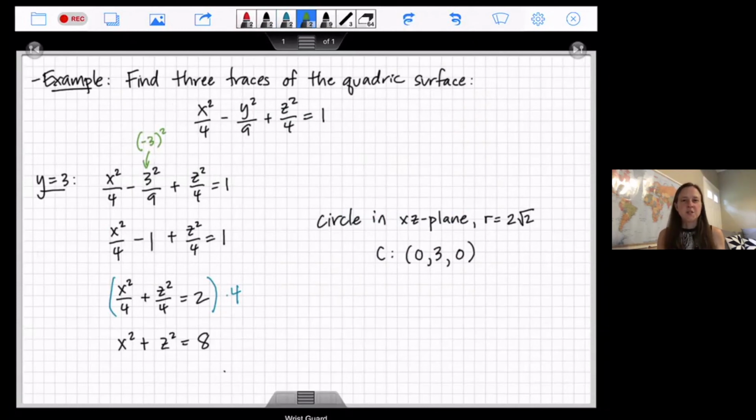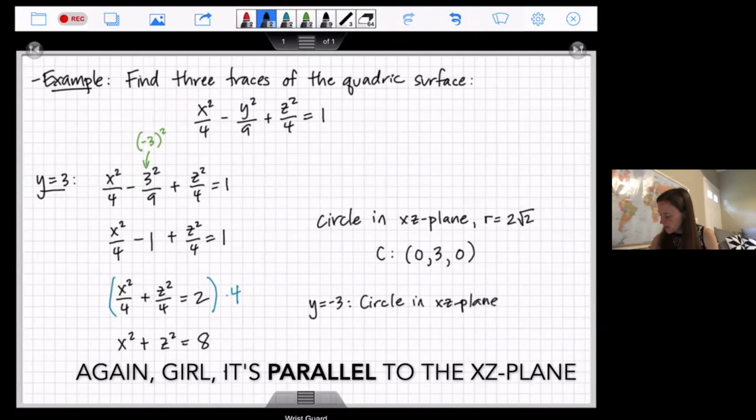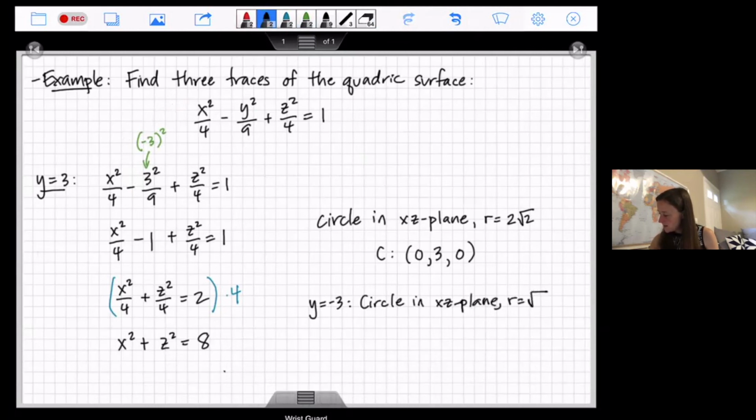So I'm kind of just going to cheat a little bit and say that if I plugged in y equals 3, I would get the same thing if I plug in y equals -3. We would still get the same exact circle in the xz plane. The radius would still come out to the same thing, and the center this time is going to be at 0, -3, 0.